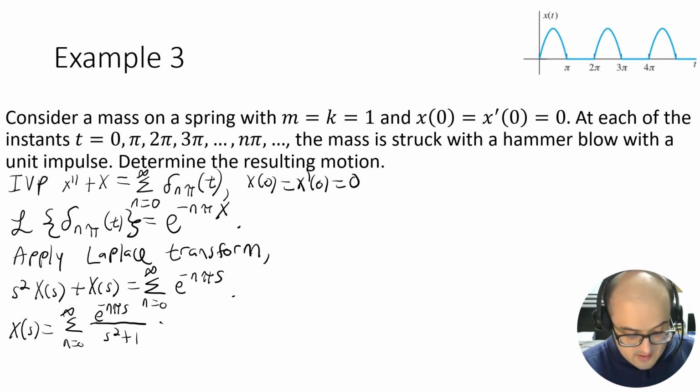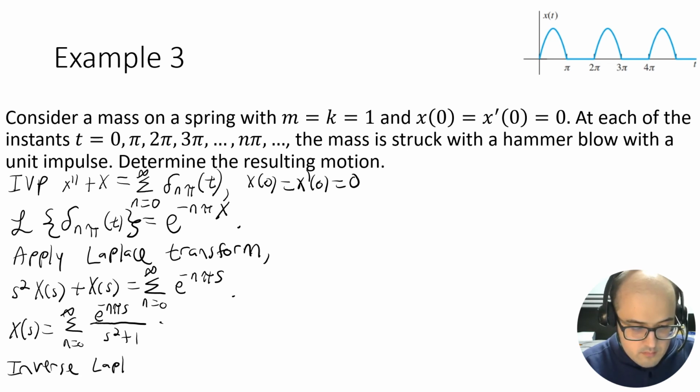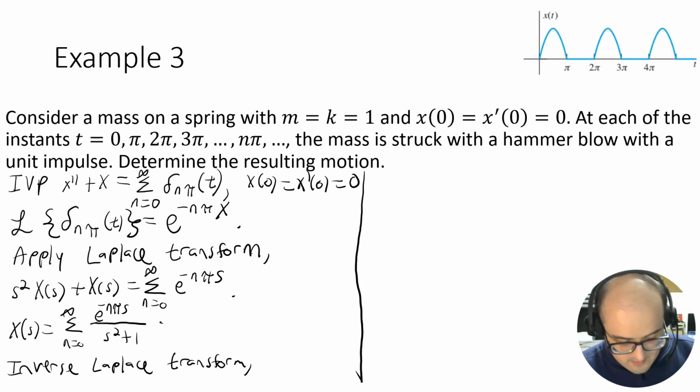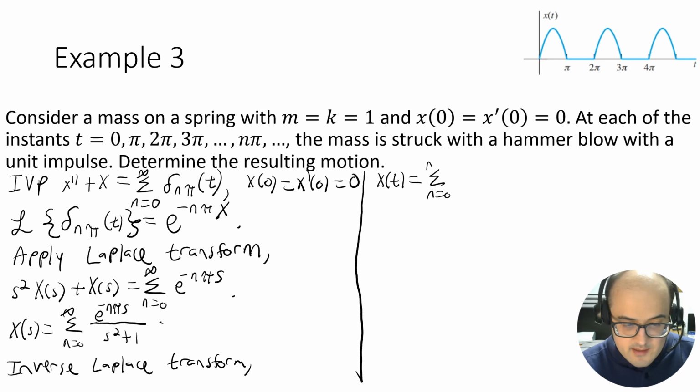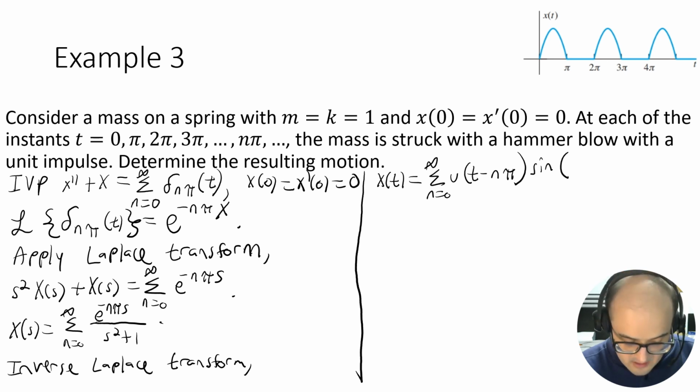So applying that inverse Laplace transform, let me write that here on the side, we would get x of t is equal to the sum from n is 0 to infinity of u of t minus n pi times the sine of t minus n pi.